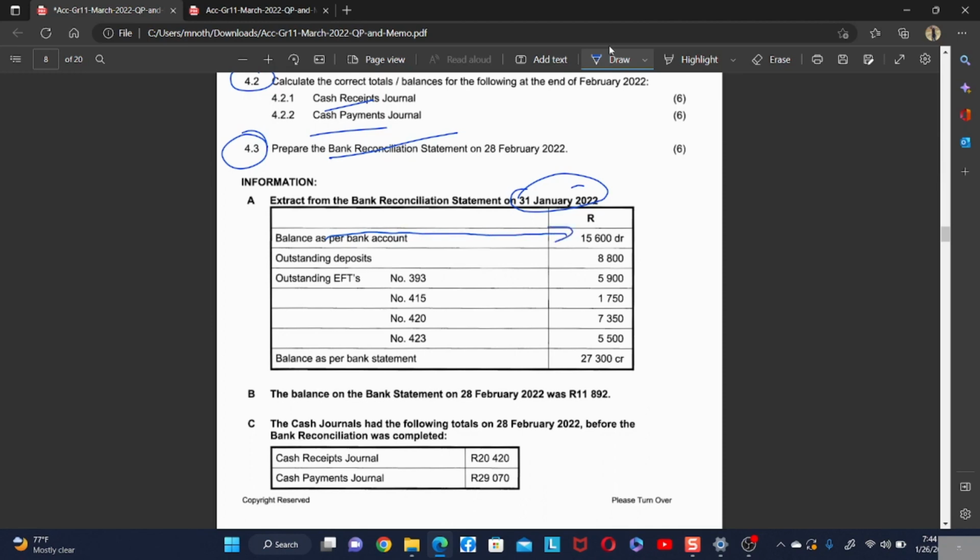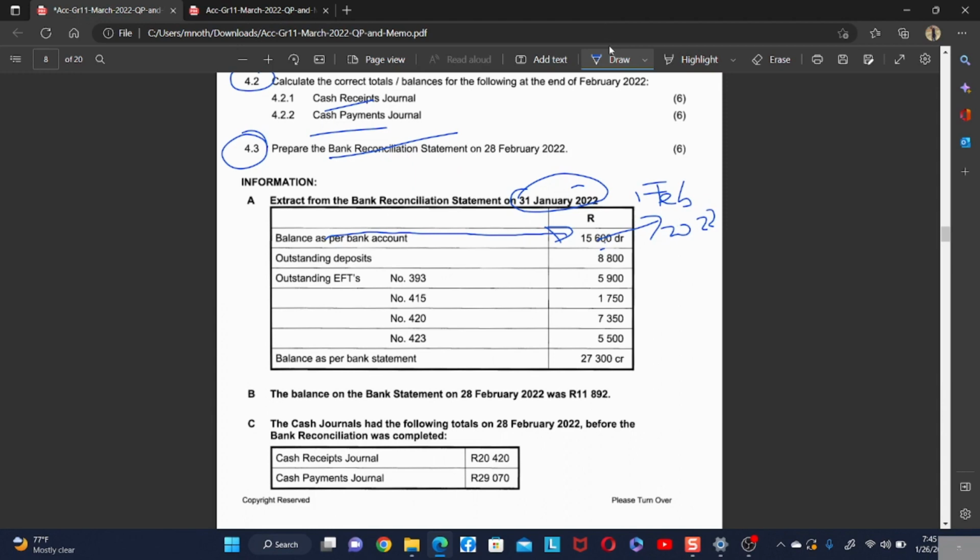The opening balance of the current month, you must take it from the previous month bank reconciliation statement, meaning that this is your opening balance on 1 February 2022. So this is your opening balance, 15,600.